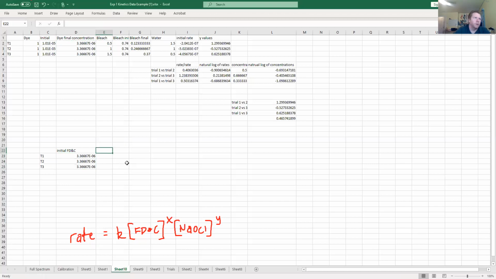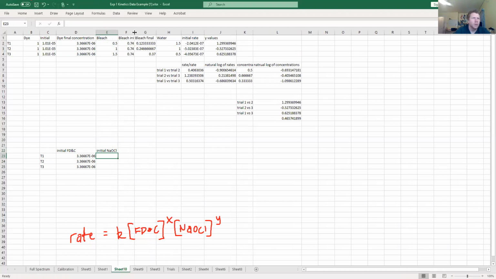Okay, so then what we wanted to do was we wanted to look at initial NaOCl, sodium hypochlorite concentration. And that sodium hypochlorite concentration, we're going to use these, 0.1233 and so on. Okay. Next up is going to be our Y value, and that is going to be our 0.465742.